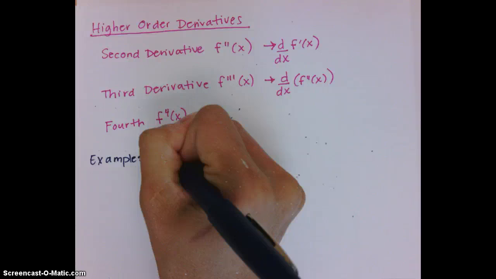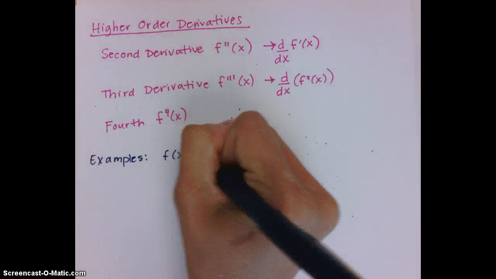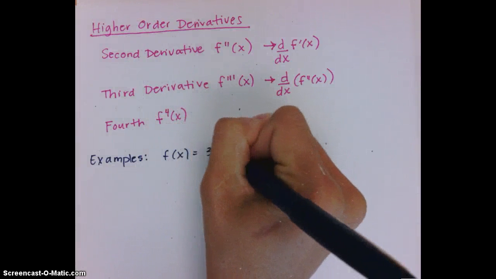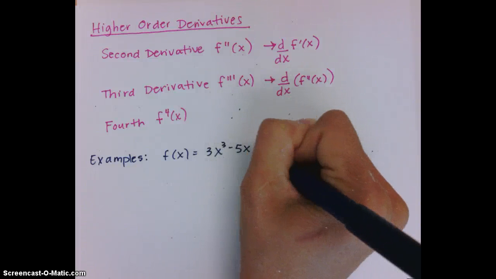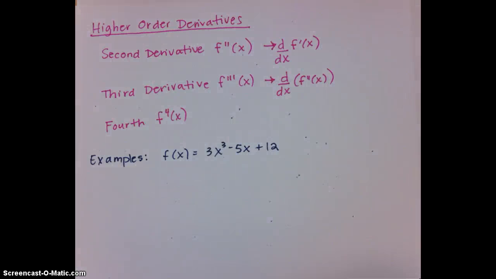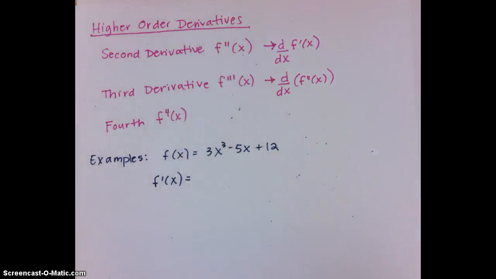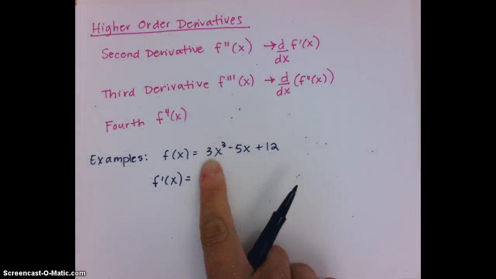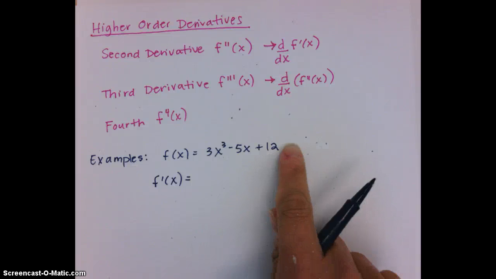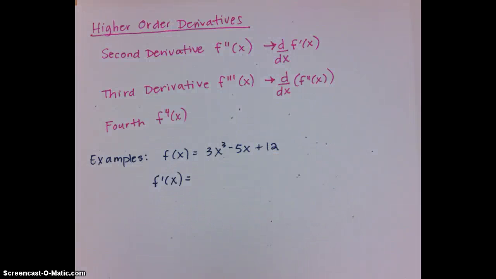So let's say we have a function f of x that equals 3x to the third minus 5x plus 12. Let's find the first derivative. And remember, the point of these shortcuts is to be able to do it quickly. So let's do a power rule, a constant multiple rule, a sum rule, as well as a constant rule. We basically have everything wrapped up into this one example.